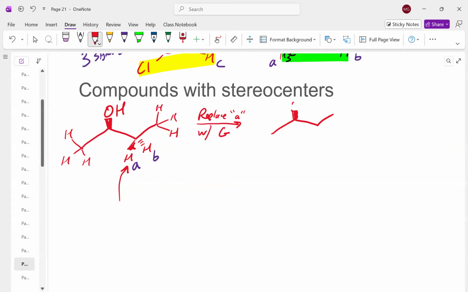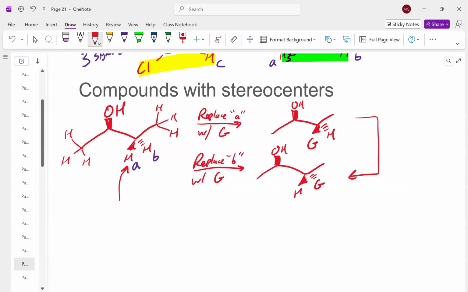So if I do that, I get this. Now I'm going to do the same thing. Replace B with the same random group. And I want you to look at those two things and tell me, what is the relationship between these two structures?